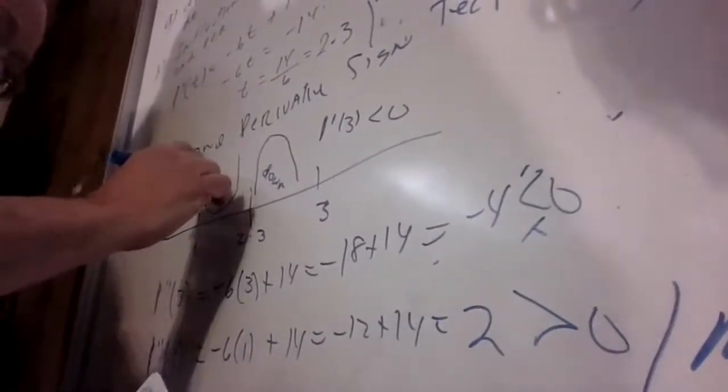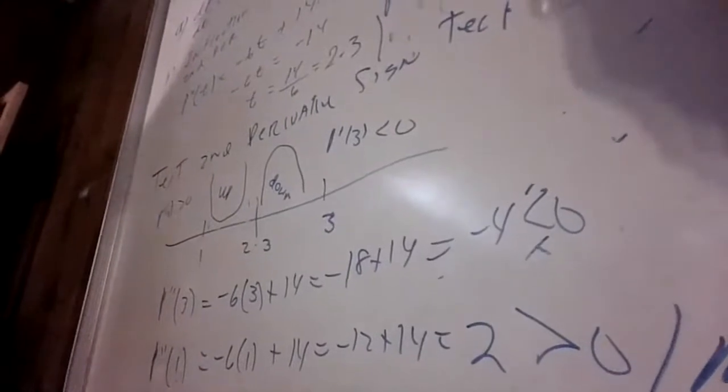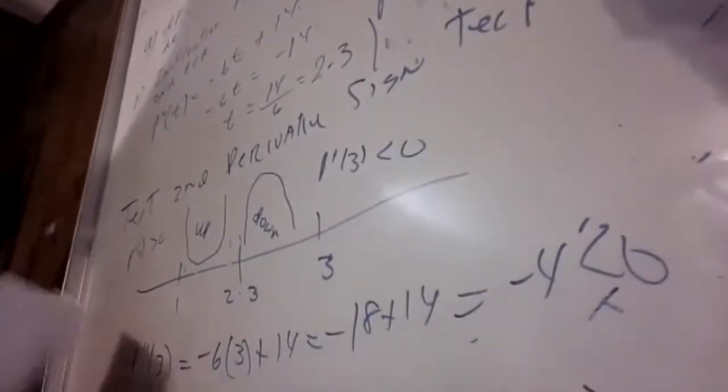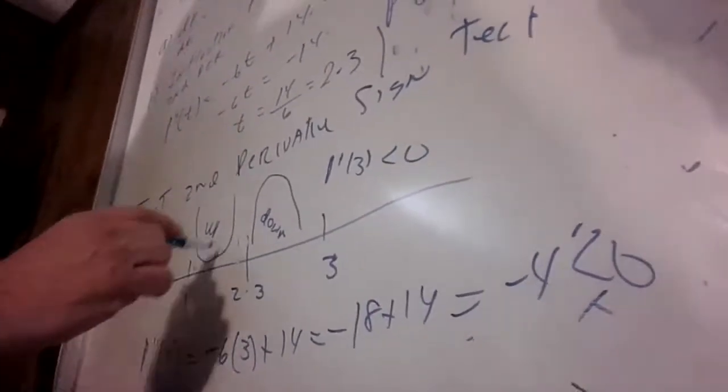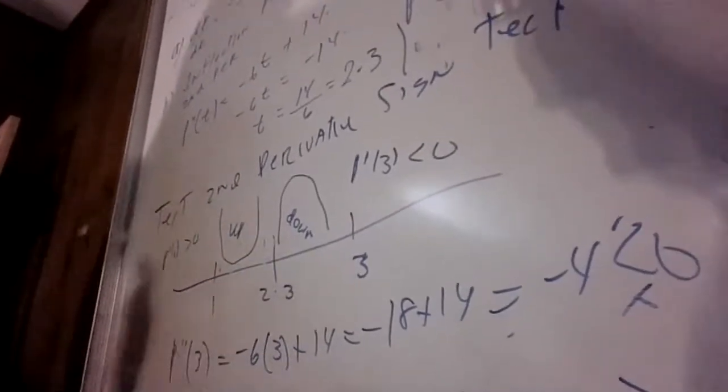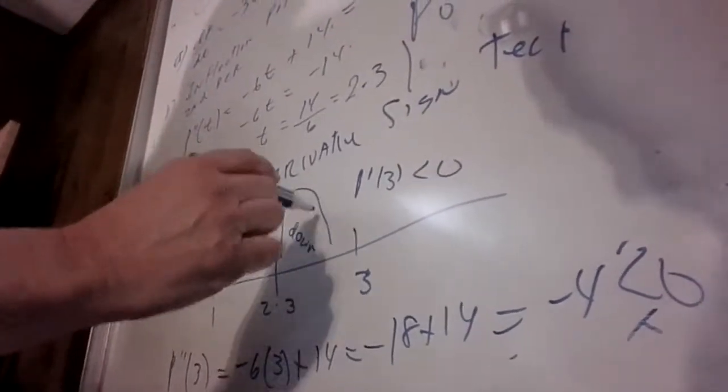This is concave up. Now we go from a smile to a frown. So yes, this is a point of diminishing returns. When we go to a smile, I'm really happy, and all of a sudden my sales go down, I'm sad.